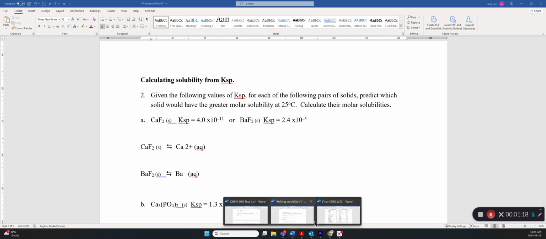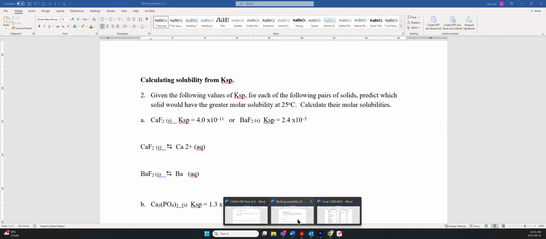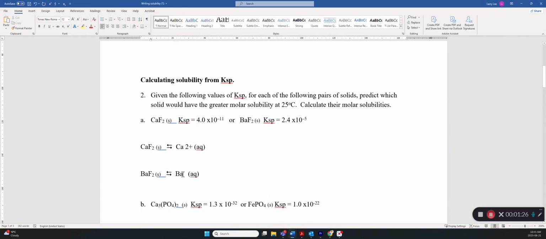Barium, didn't look at barium. Barium is 2 plus right here. Okay. And we'll put a 2 plus on barium as well. So I'll put my superscripts in. There we go.